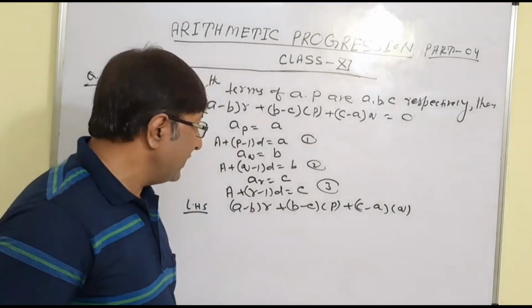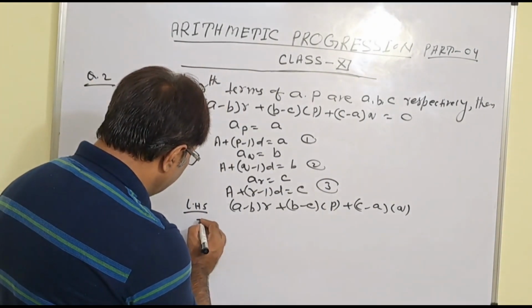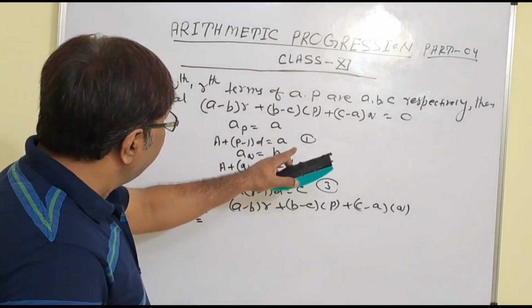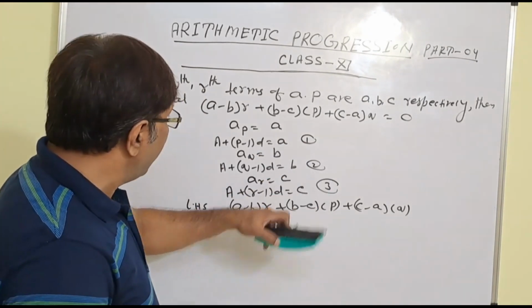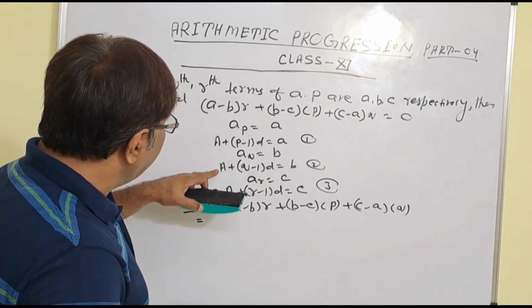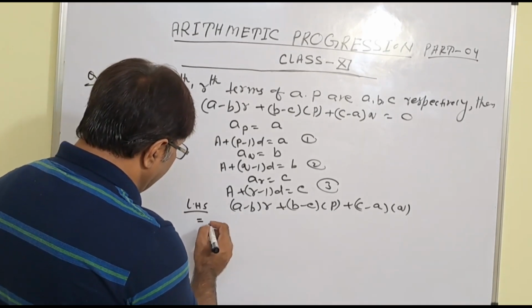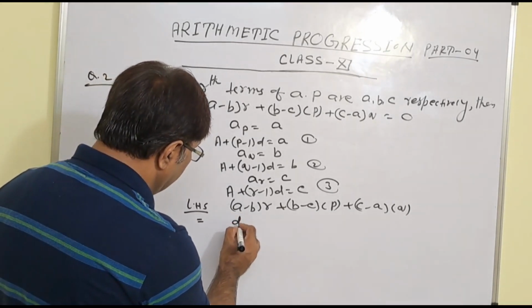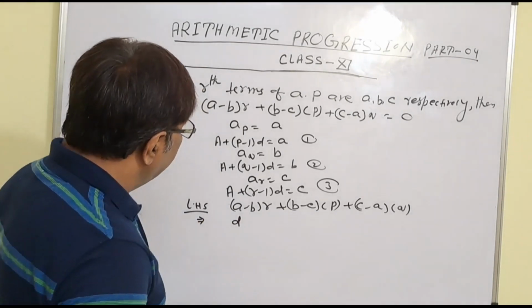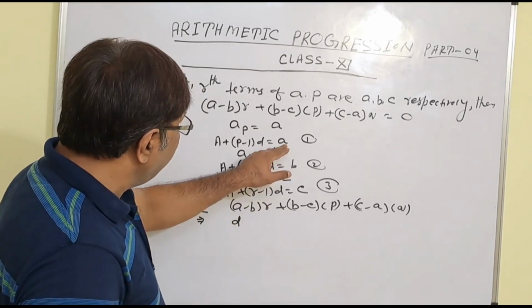So it is very easy. Now you see A minus B. A is this and B is this. When we subtract, A and A will cancel out. So we will get D times (P minus 1 minus Q plus 1).